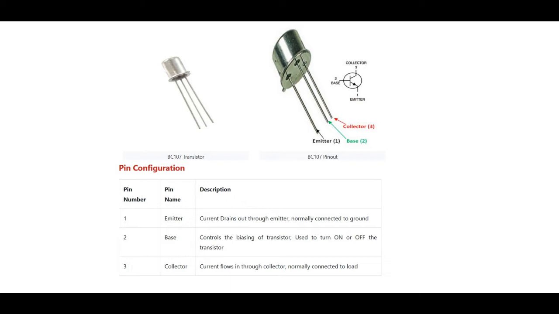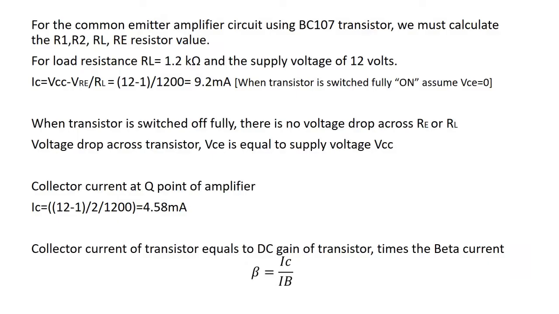Now consider that the load resistance of common amplifier circuit RL is equal to 1.2 kilo ohm, and the supply voltage as 12 volt. When the transistor is switched on fully, assume VCE is equal to 0 to determine the value of emitter resistance, that is RE.